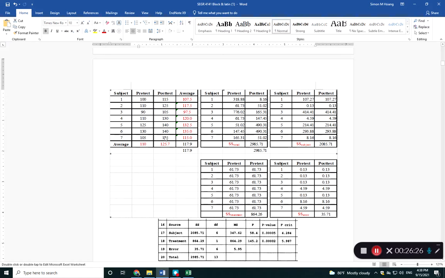Done it before, done it after. Can I calculate the before average, after average? I can calculate every subject on average. And then can I figure out the sum of square total of these 14 values? These 14 values, the overall average, and then everybody minus that.